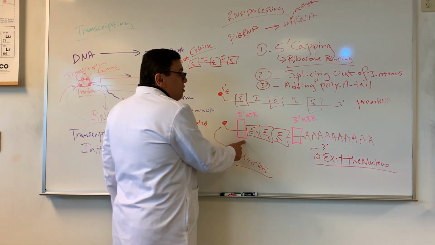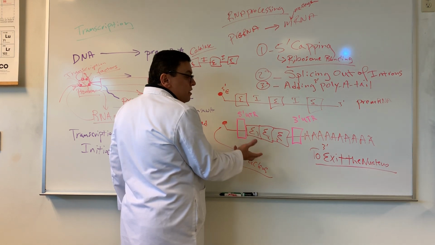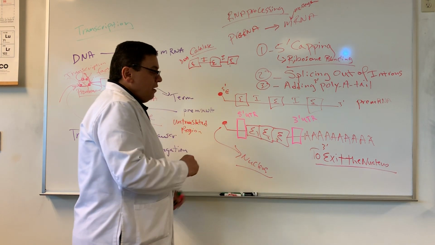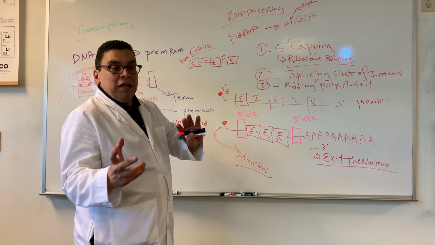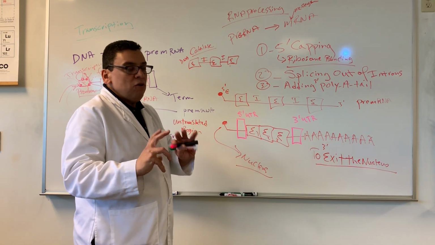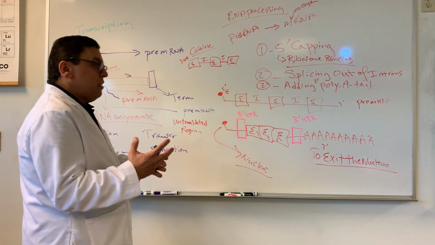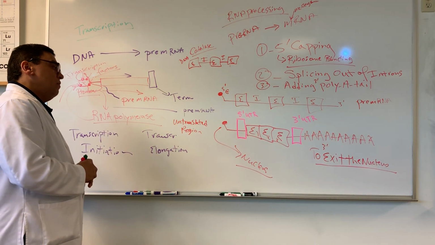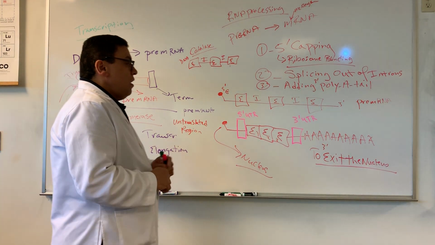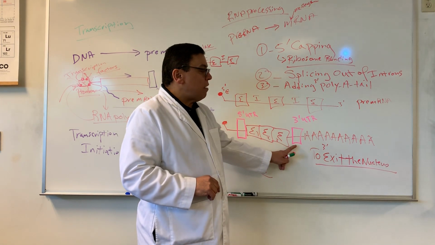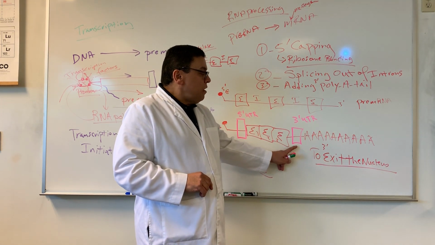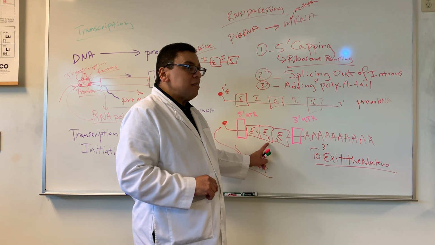The 5' UTR region regulates translation. It controls, should we make the protein or not? So it's involved in regulating protein translation. Listen to the function of the 3' UTR. The 3' UTR stabilizes the message.